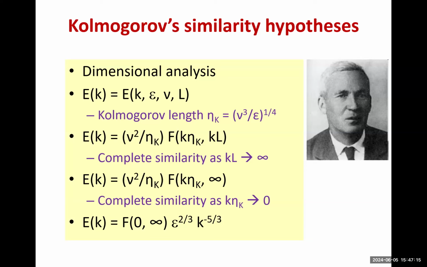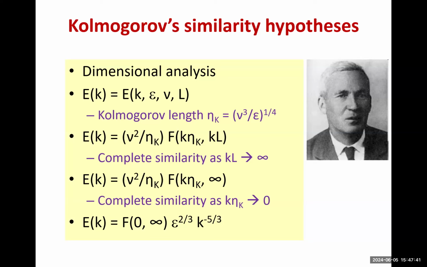It depends on k. It depends on epsilon, which is the rate at which you're putting energy in, how fast you're stirring your fingers in the bathtub. It depends on the kinematic viscosity, nu, and it depends on how big the system is, because the Reynolds number depends on how big the system is. There might be, say, the pipe radius or something like this.